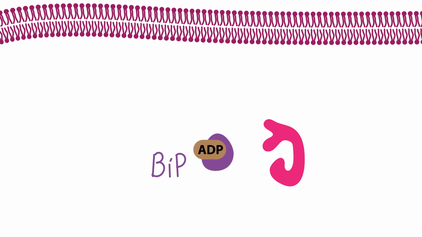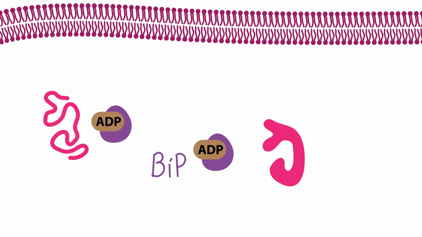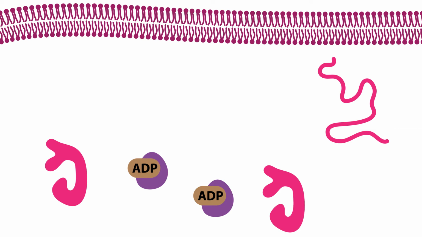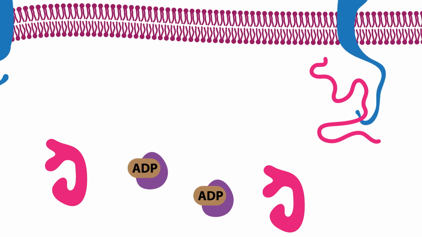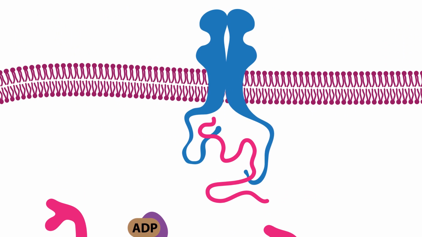So one possibility is that BIP interacts non-covalently with unfolded proteins until the level of those unfolded proteins overwhelms the amount of BIP available in the ER lumen. So in this model, we form a hypothesis that those excess unfolded proteins, which don't have any BIP to bind to, can and will instead bind to the disordered domains of IRE1 in the lumen and bring them into close proximity with each other.